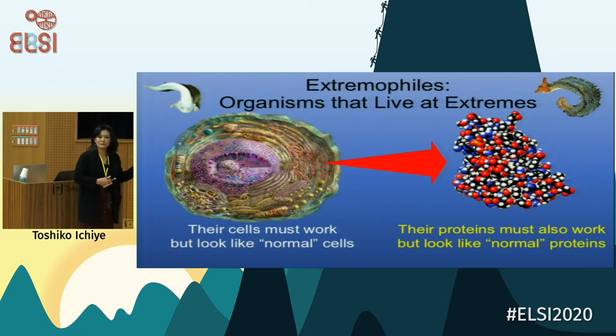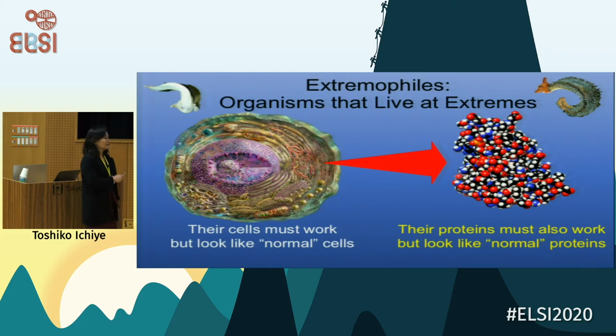Okay, extremophiles are organisms that live at extreme conditions. The interesting thing about extremophiles is that these are actually higher organisms, but at a cellular level, whether it's higher organisms or bacteria, they pretty much look like cells from mesophiles, things that live at the surface under normal conditions.